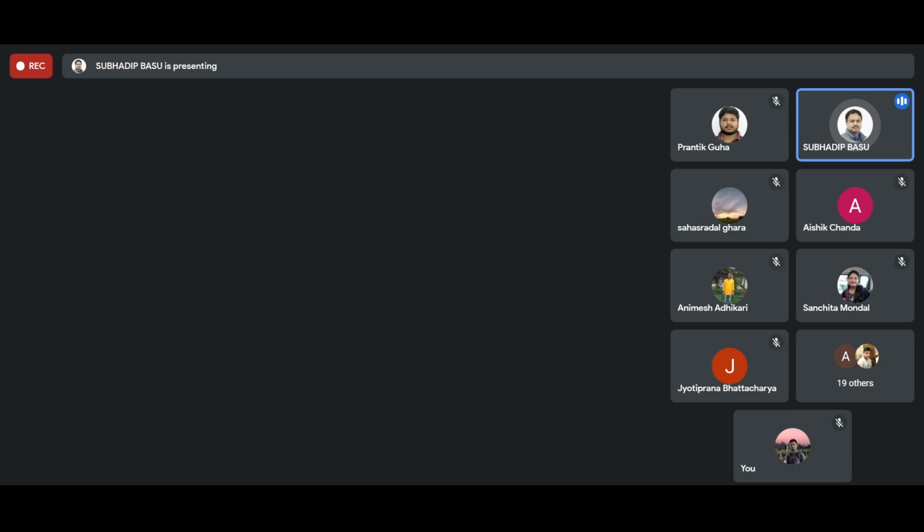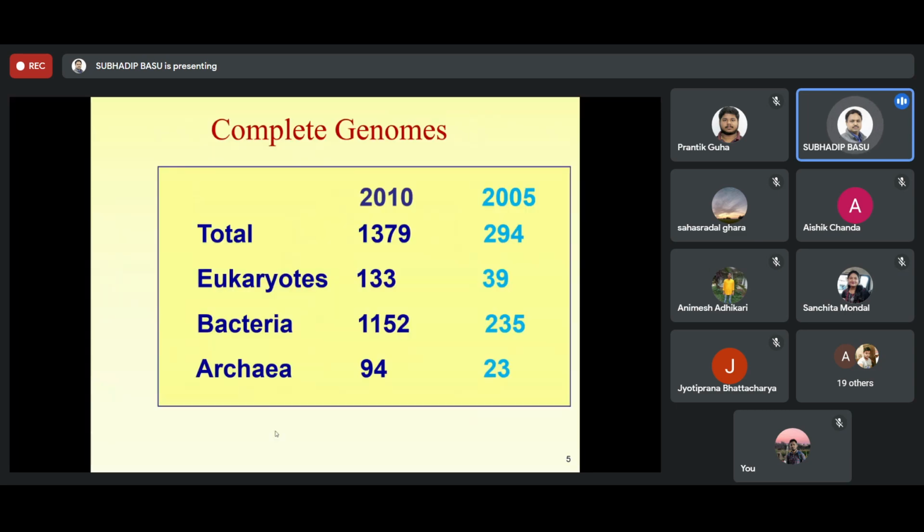In 2010 you have around, it is old data anyway, but you can see that there is a huge progression in decoding the genome of an organism. You can see different types of genomes from different types of organisms, eukaryotes, bacteria, and archaea, sequenced.